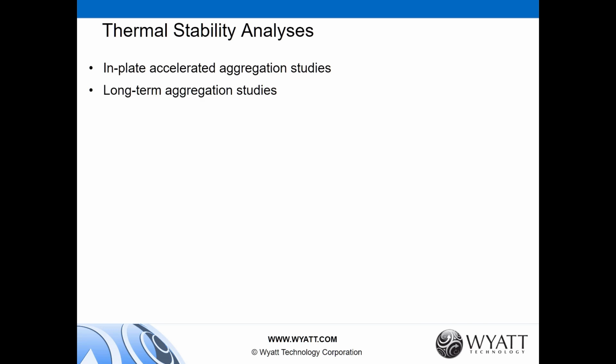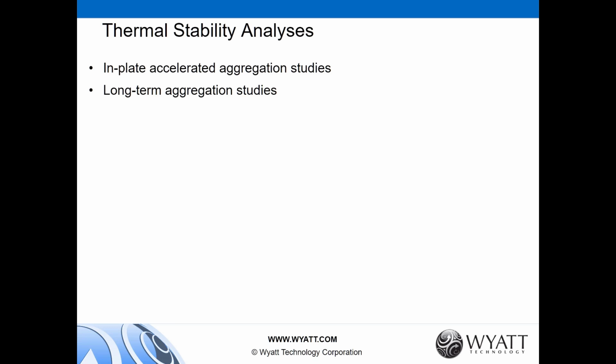So moving on now from colloidal stability to thermal stability. The DynaPro is great for doing in-plate accelerated aggregation studies. You can let the entire plate sit there at 40 degrees or 50 degrees or whatever your preferred elevated temperature is, and look at the change with time of the overall molecular weight and size.